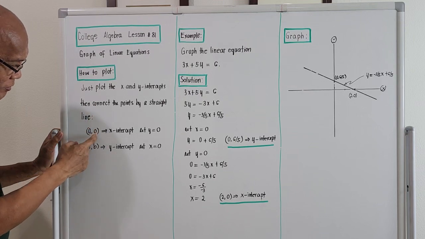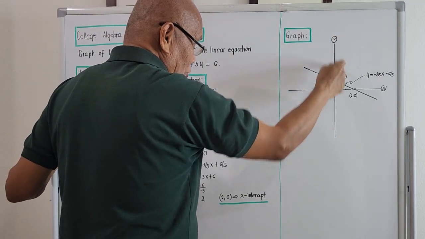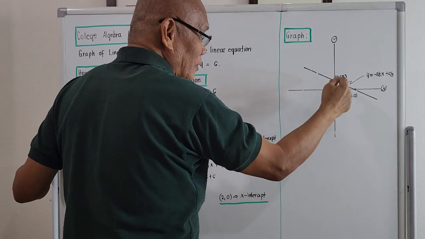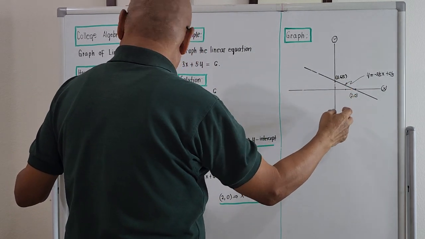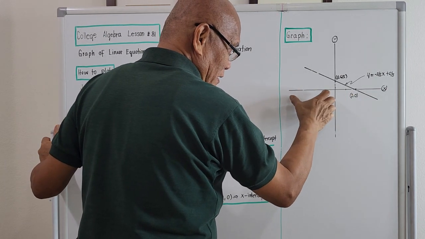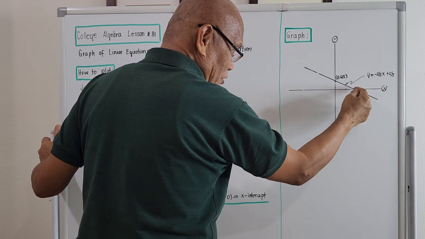The ordinate is 0 because for a point on the x-axis, the value of x will be a, and the ordinate will be 0 at this point here.